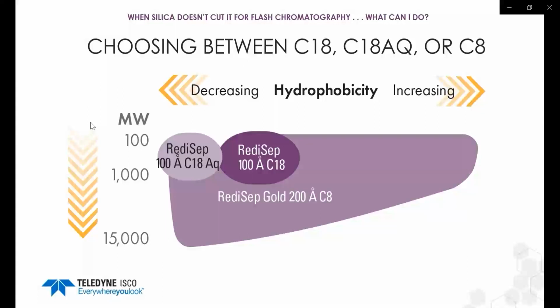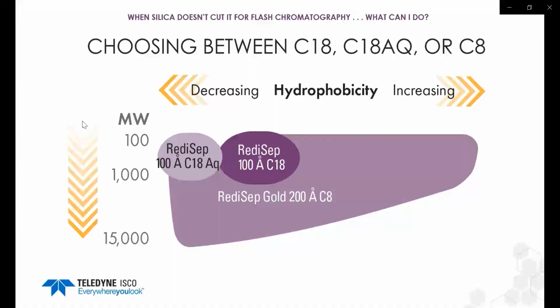and with decreased hydrophobicity. So we're going to be working in the lower organic percent or even highly aqueous environments. The RediSep C18 also works really well in this molecular weight range from 1 to 1,000 or 2,000, especially with increasing hydrophobicity. So you get the C18 interaction with those more hydrophobic peptides or molecules.